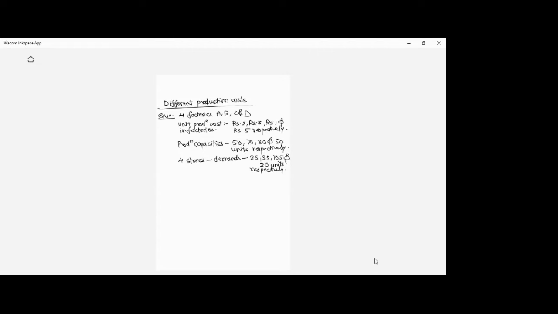Lastly, they have told us the unit transport cost in rupees from each factory to each store, given in the matrix below. So they have given us the transportation matrix, right?